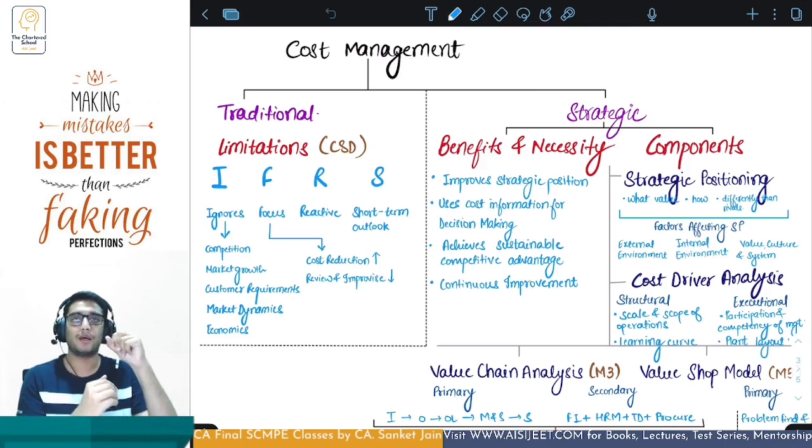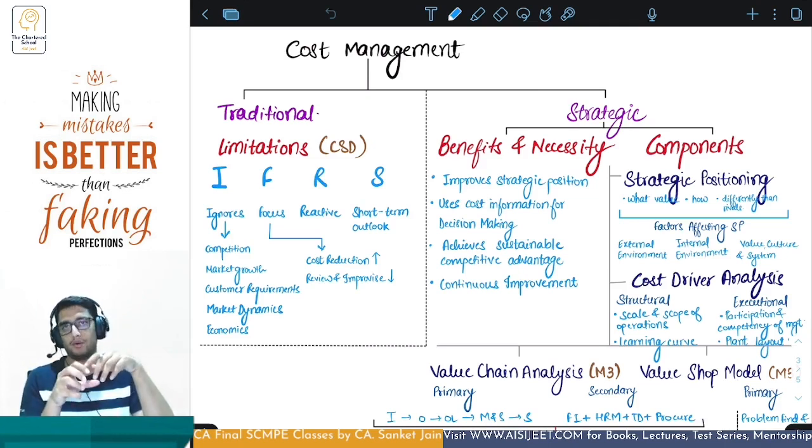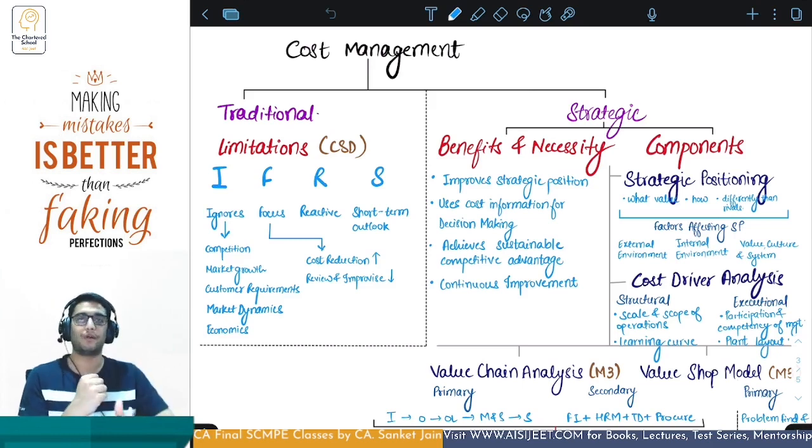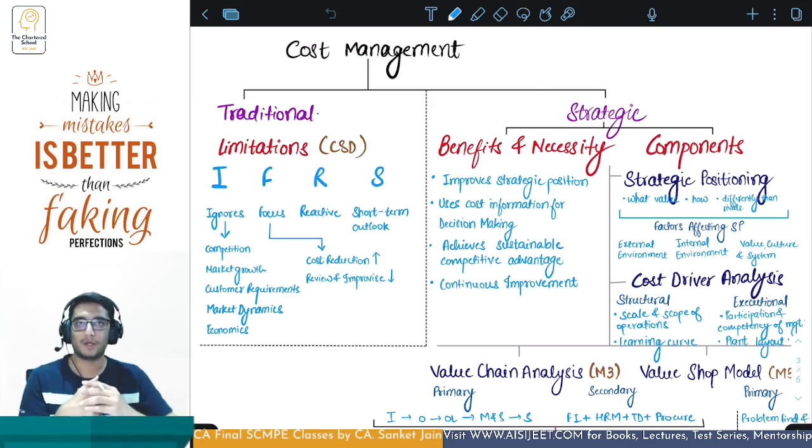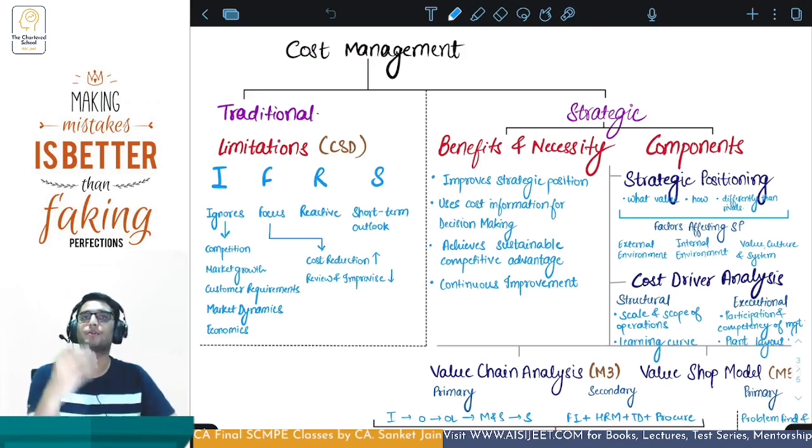From wherever you are, you have to understand what kind of value you are creating right now, and how is it different from your rivals. Based on that, you need to improve, and accordingly you need to reach the top of the ladder. So the benefit of strategic cost management is that it will help you to improve the strategic position. It will help you to be at the top.